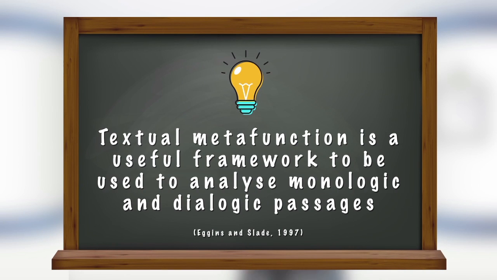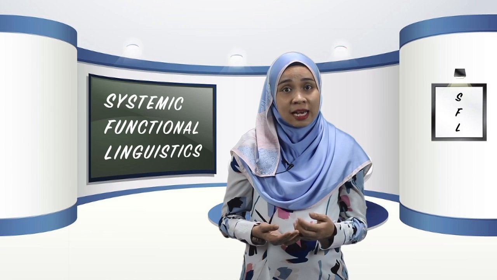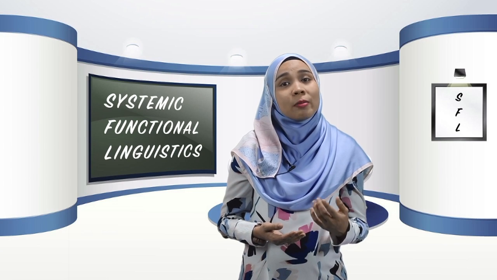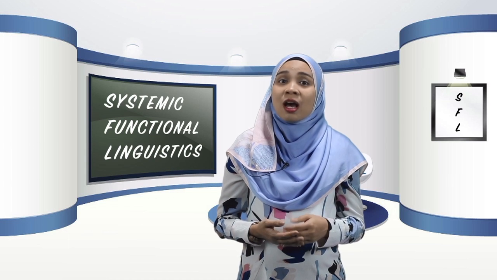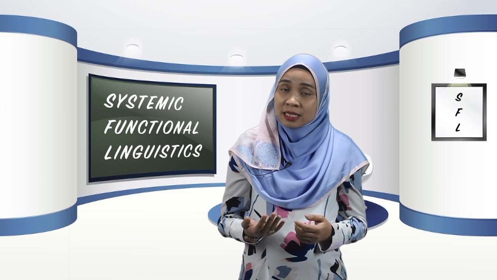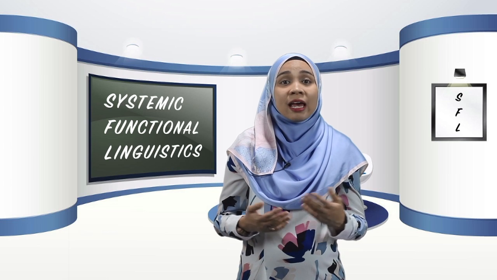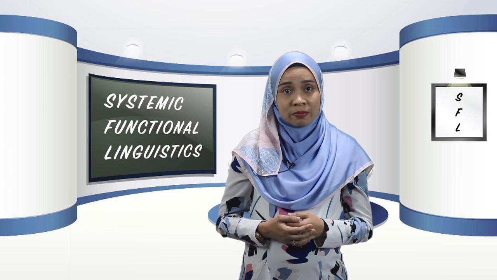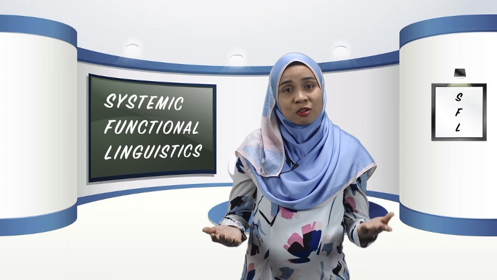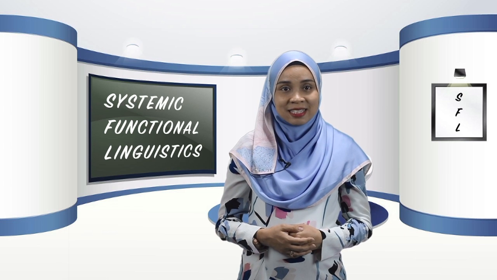Textual analysis is a useful framework to be used for both monologic and dialogic texts. Monologic text refers to a discourse dominated by a single speaker, while a dialogic text refers to a discourse that involves more than one participant in an exchange of information. Have a look at some samples of monologic and dialogic texts.